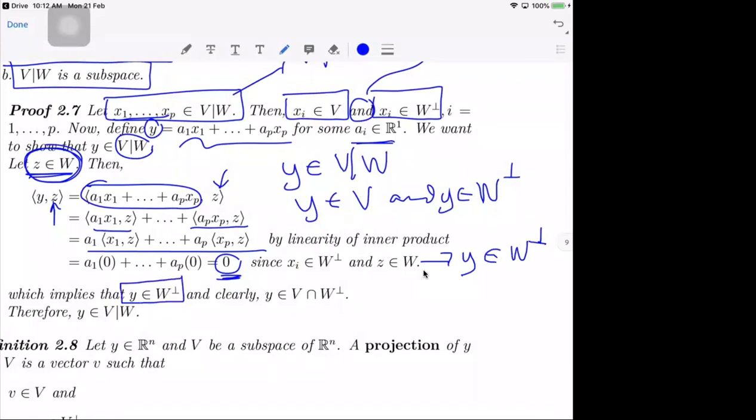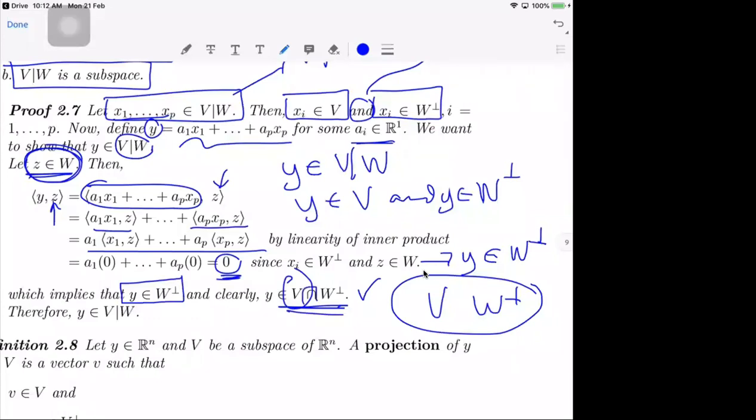Okay? But because V is a bigger space, W perp is inside it, so if I take the intersection with V, that is true, because it is a subset of your V. So clearly, if I take the intersection with V, there is no problem.